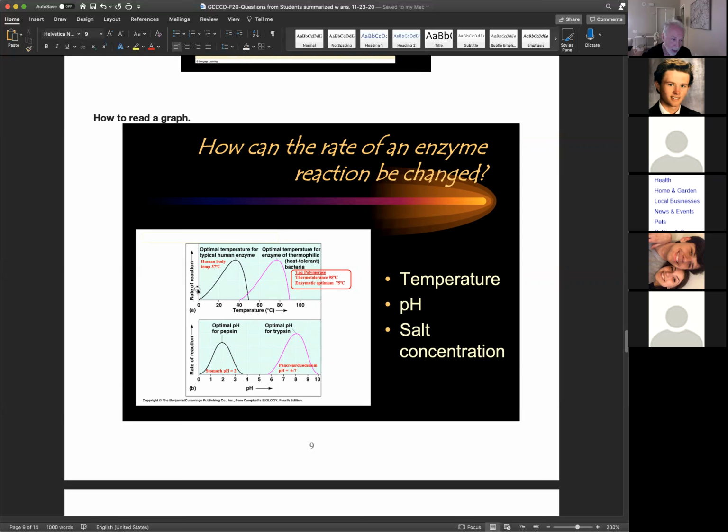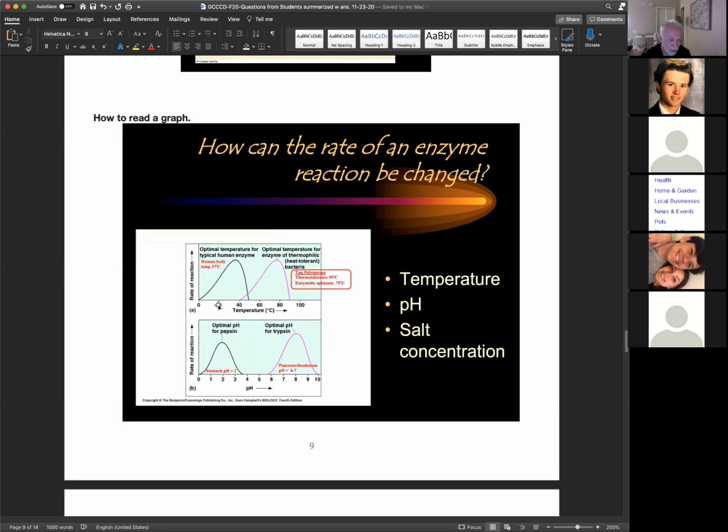So on the y-axis, in this case, we're talking about enzyme reaction rates. So if we actually quantified the reaction rates, you'd have numbers here, a rate of 100, rate of 200, and so on, rates increasing as you go up the y-axis.